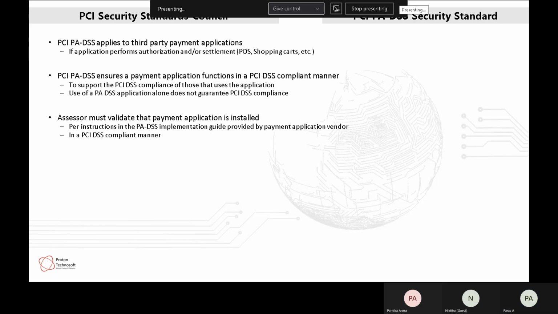So Mastercard engaged Verizon to do a forensics of this cyber breach. So we went on site, we did the cyber breach investigation, and as part of it, we realized that Electrocard is already certified on the PCI DSS security standard as well.